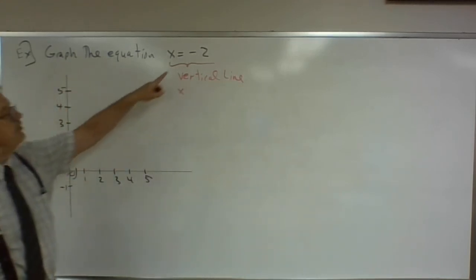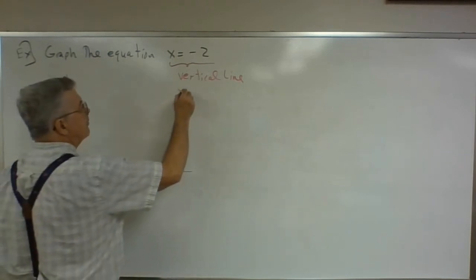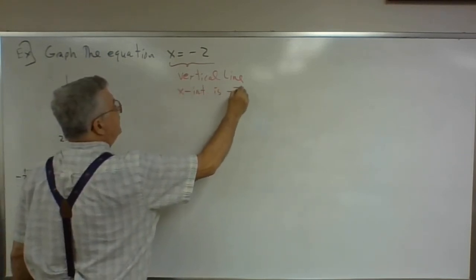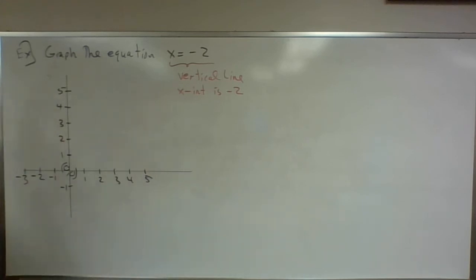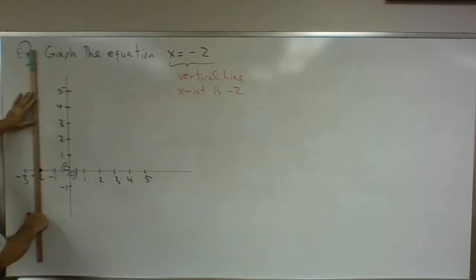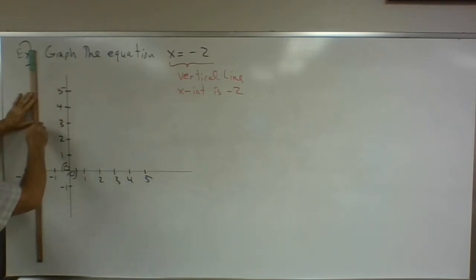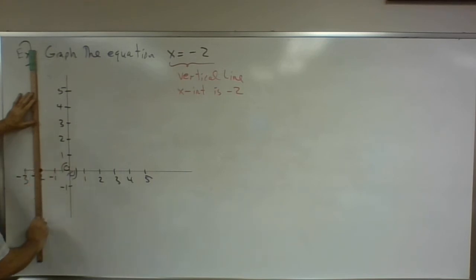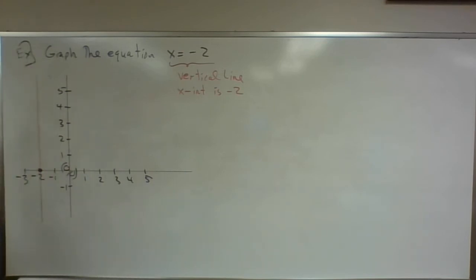Second thing we realize, the x-intercept is -2. So the line goes through this point on the x-axis, and it's vertical. We know how to draw a vertical line through x equals -2, don't we? I think we do. And here it is. There's our vertical line, x equals -2.